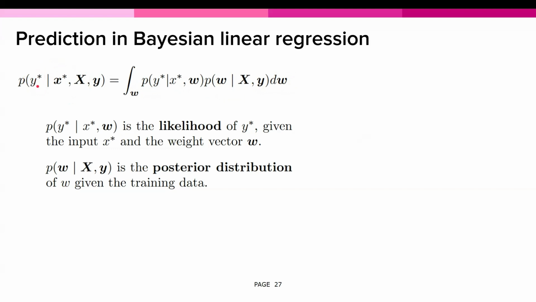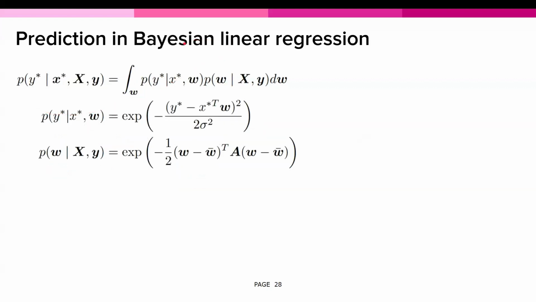So this integration is going to allow the model to take into account the entire distribution of possible weight values when making predictions, rather than relying on a single point estimate. So this posterior predictive distribution is going to capture the uncertainty in both the observed data and the model parameters. So the predicted value for y star, crucially, is not going to be a point estimate. It's a distribution that reflects a range of possible outcomes and their relative probabilities.